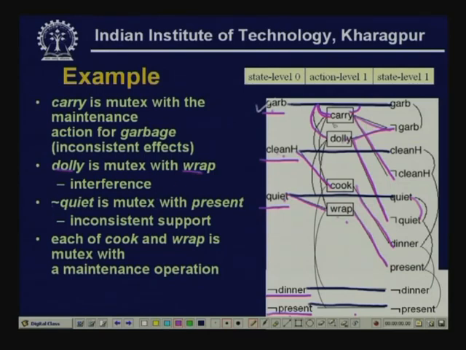And by them, carry is mutex with this maintenance action for garbage, dolly is mutex with the maintenance action from garbage, dolly is mutex with wrap, not quiet is mutex with present, cook is mutex with not dinner, wrap is mutex with not present.